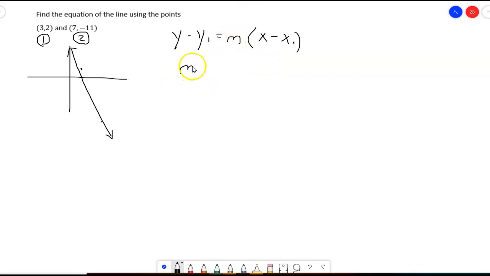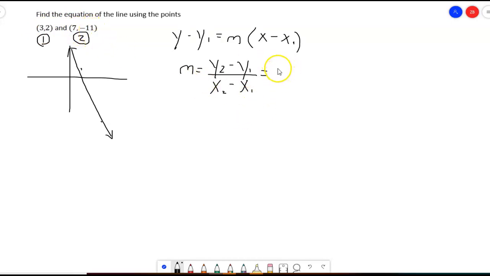And to find a slope, we have a formula for that as well, and that is y2 minus y1 all divided by x2 minus x1. So here's where I'm actually going to need that second point in order to find that slope. If I plug in these values, this is my x1, y1, and this will be my x2, y2.